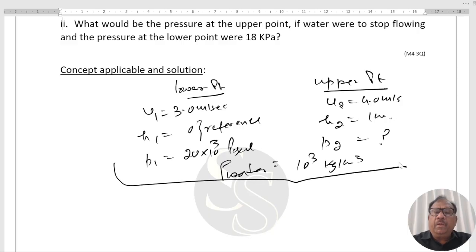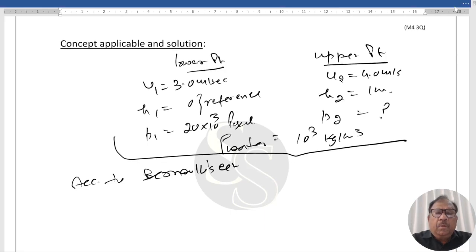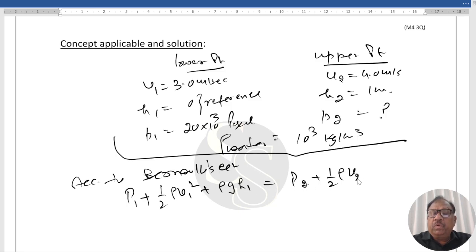Now, applying Bernoulli equation. According to Bernoulli equation, P1 plus half rho V1 square plus rho G H1 equal to P2 plus half rho V2 square plus rho G H2. Right?